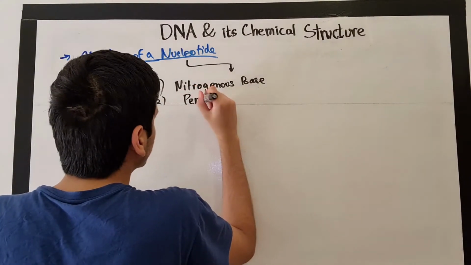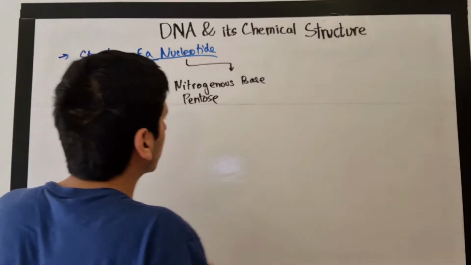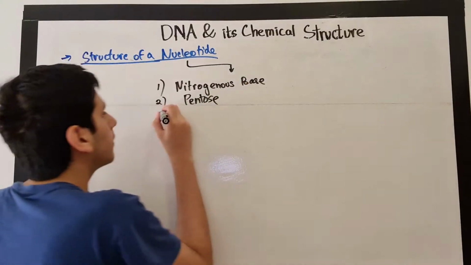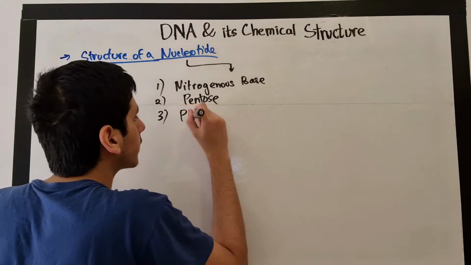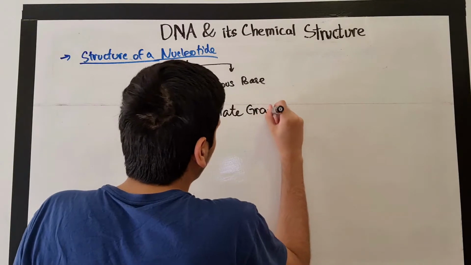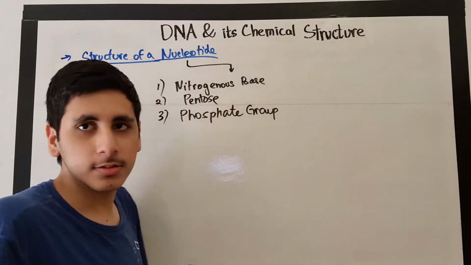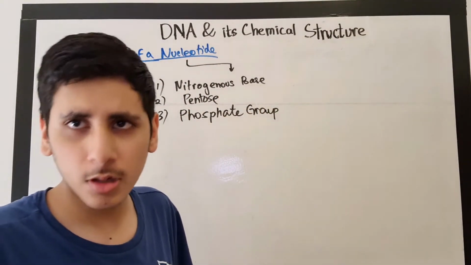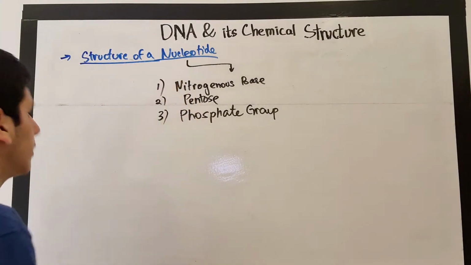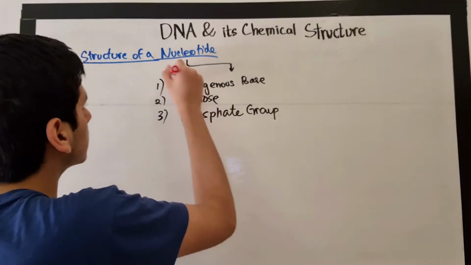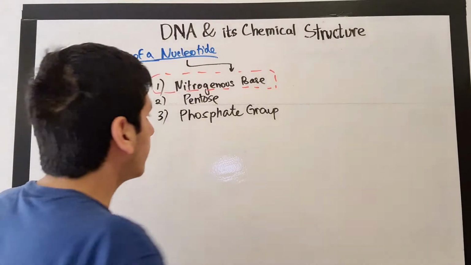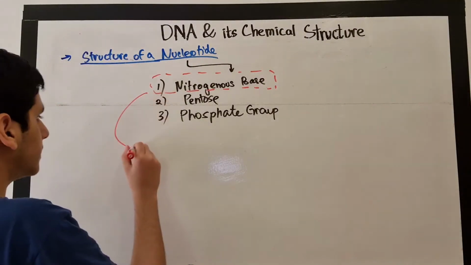A pentose always refers to a 5 carbon sugar, because it's a sugar ending with an -ose. And third, you have a phosphate group. First, let's talk more about the nitrogenous base, and that's what we'll be talking about in detail in this video.